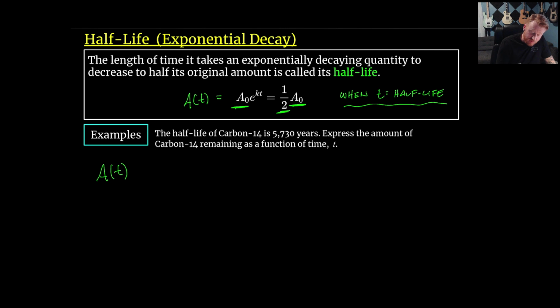So let's use the relationship that we have here. We know that at the half-life, at 5730, whatever initial amount we are starting with, we don't need to know what it is, A naught e to the k times the time we're plugging in, 5730, should be equal to 1/2 the initial amount.